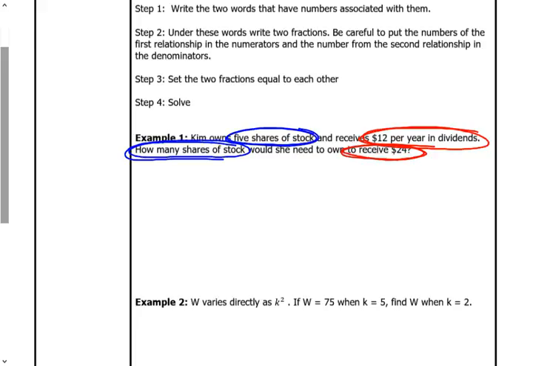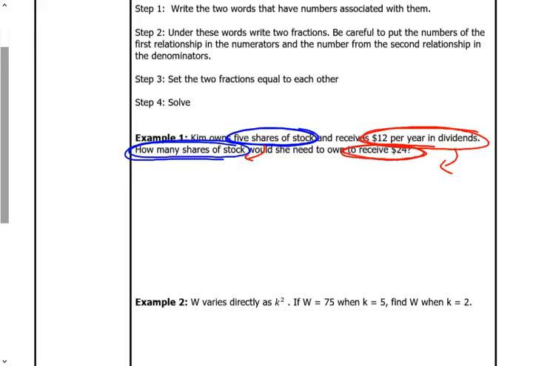Now, this we're going to make into a fraction. We're not going to use the variation equation much because it's direct variation. As one value goes up, so does the other. So this 12 is going to go to a 24, and I'm obviously going to need more stock here. I know this is direct.